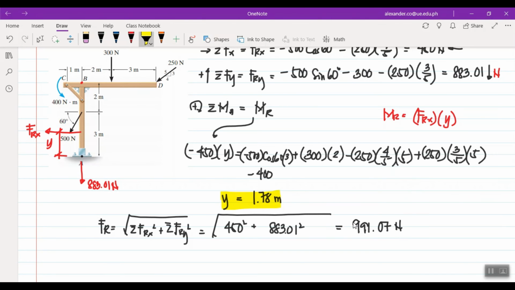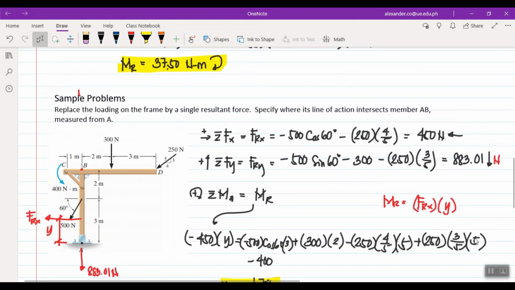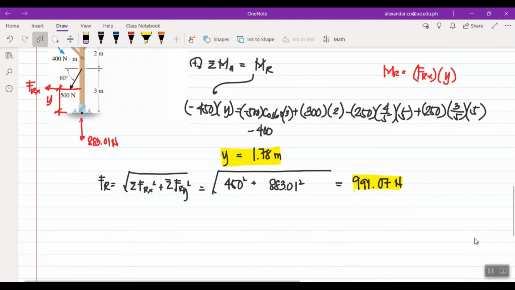Pero, but wait, there's more, sabi nga nila. Kunin na rin natin yung, ano ba yung tinatanong? So, yung theta. Computing na rin natin, total, andito na rin naman tayo.